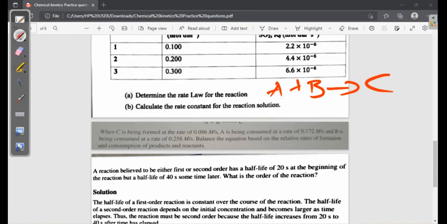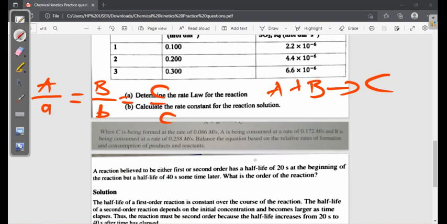So we'll just say A over A is equal to B over B is equal to C over C. So these are just stoichiometric coefficients.